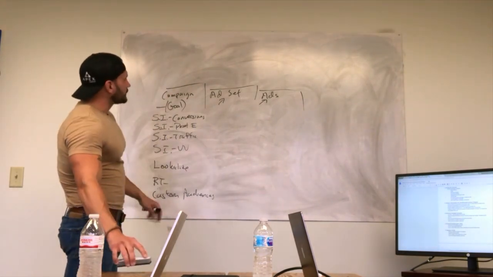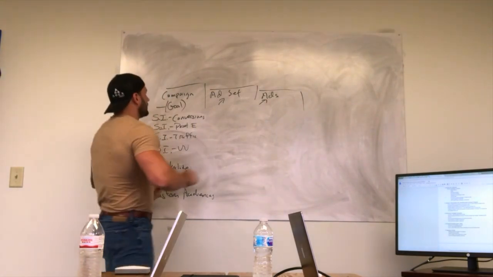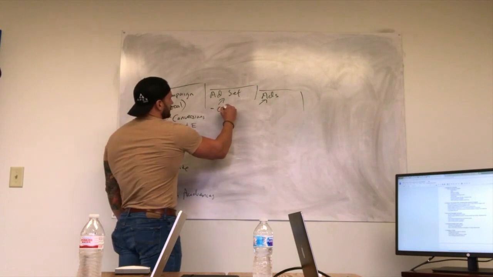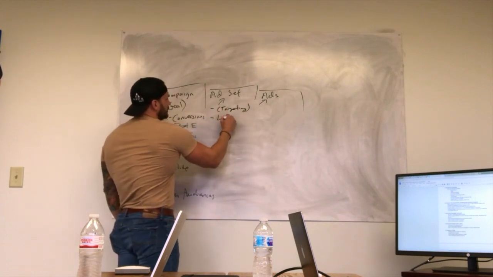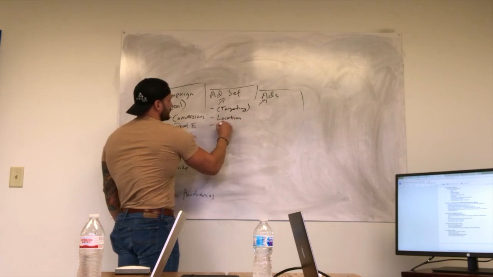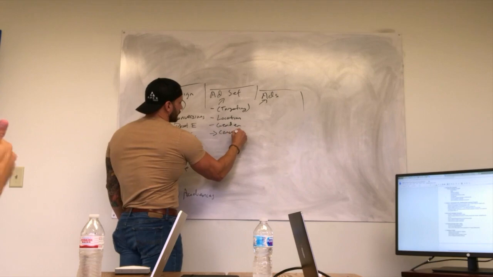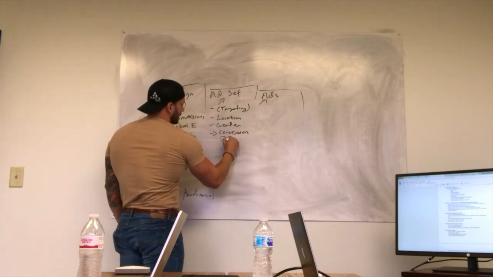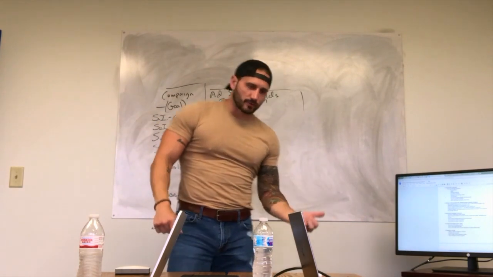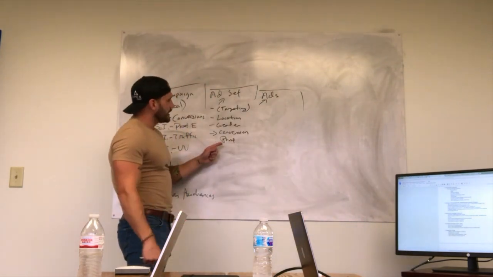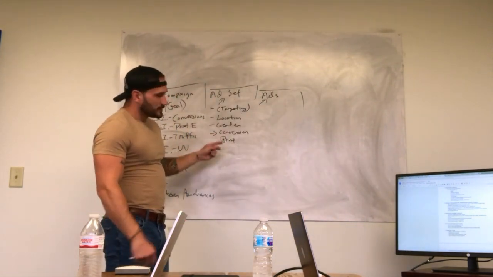Okay, so you set your goal, you come to your ad set. Ad set is targeting parameters. This is where you set location, gender, and what I call the conversion point. After you drop the pixel and set up your custom conversion, that's when you come in and you're going to see your custom conversion.